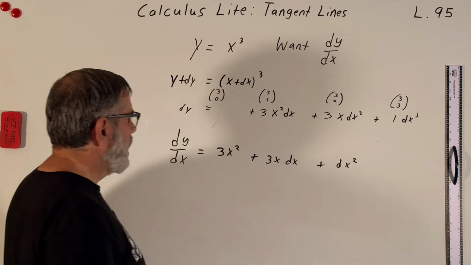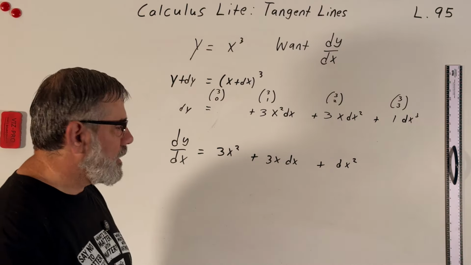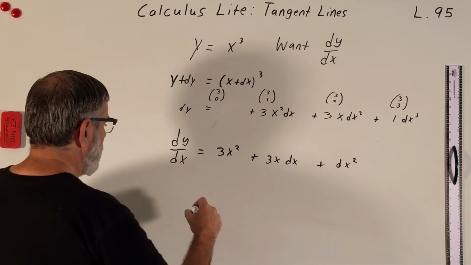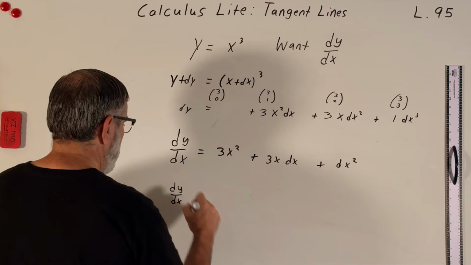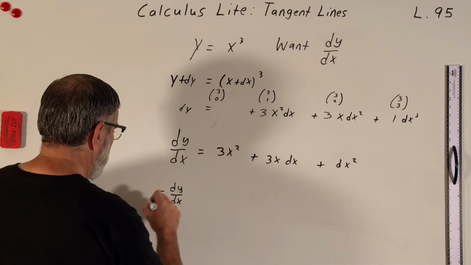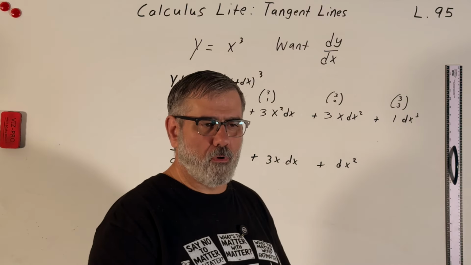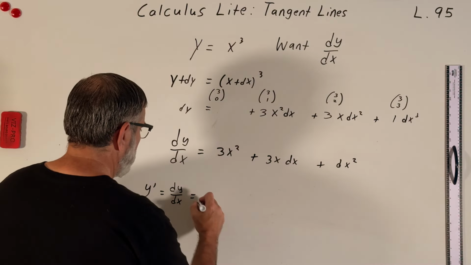All right, well, that's some kind of answer, but I still got a bunch of dx's in there. I'm not sure what to do with that, right? Well, at this point, what we want to do is take the limit, right? We'll say that dy/dx, in the sense of our derivative definition, right? Here we're just thinking of a ratio of some really small numbers, right? Here I'm thinking of this derivative idea, right? This is going to be equal to the limit.